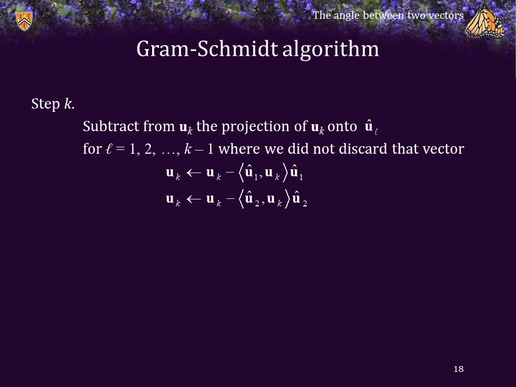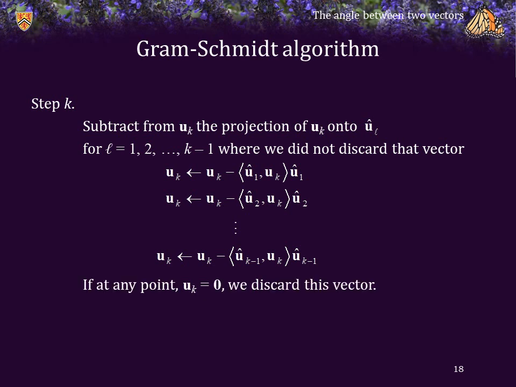Then we do the same, but now we subtract off the projection of whatever's left of u_k onto u_2 cap. We keep on doing this k-1 times, and with the last step we subtract from u_k the projection of that vector onto the vector u_(k-1) cap.